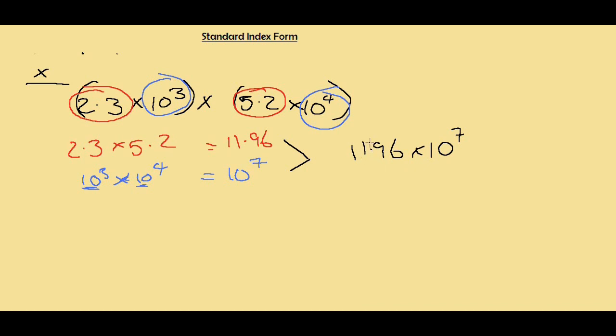So this number needs to be reduced by moving that decimal point. So we should have 1.196. So we've made that bit smaller. We just use the rules of standard index form. When you're making a number smaller, you add on to the power. So just add 1 onto the power because we've moved the decimal point 1 space backwards. So that's the multiplication.